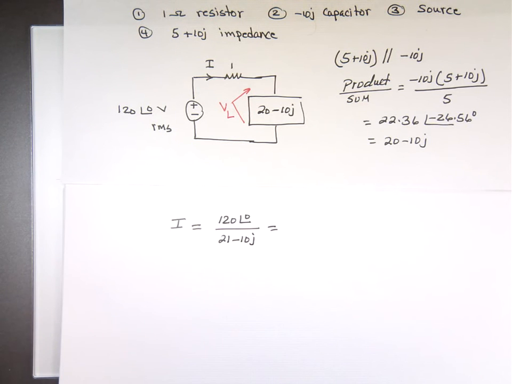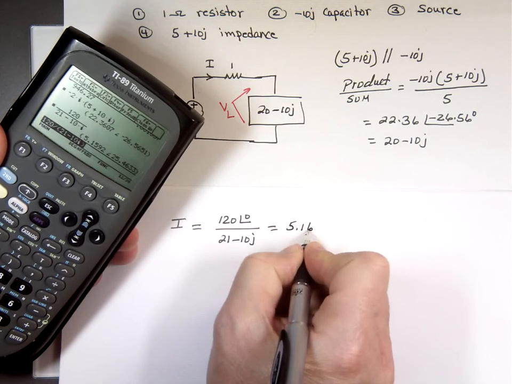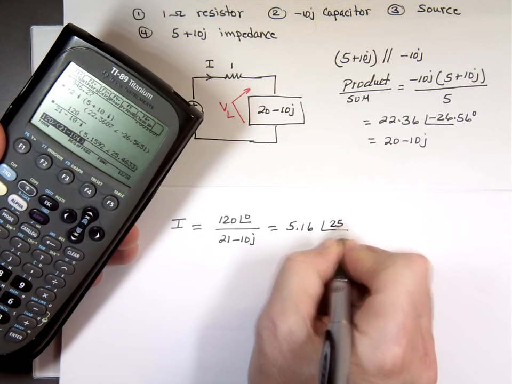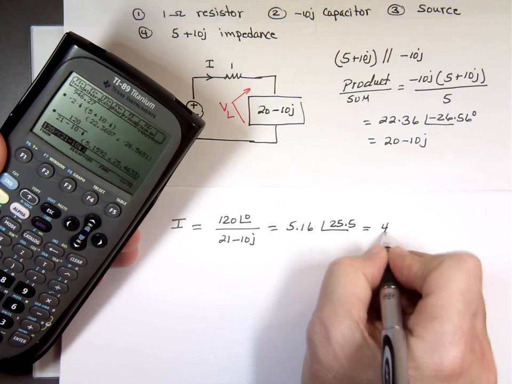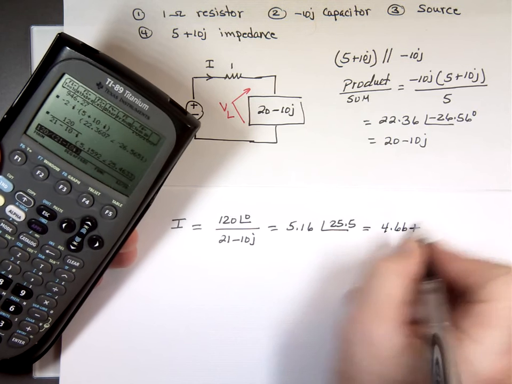Right, come back here. 120 divided by 21 minus 10j. I got 5.16 angle 25.5, which if you simplify, that's 4.66 plus 2.2j.